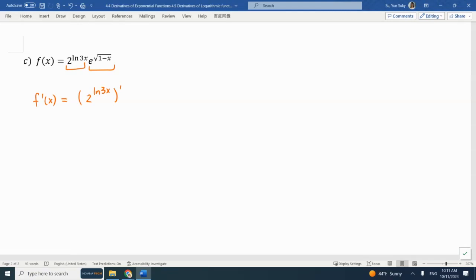And then what? The square root, yes, plus 2 ln 3x. Every step, we just do one thing. Don't skip the steps. It's very easy to make mistakes. This time we only use the product rule.